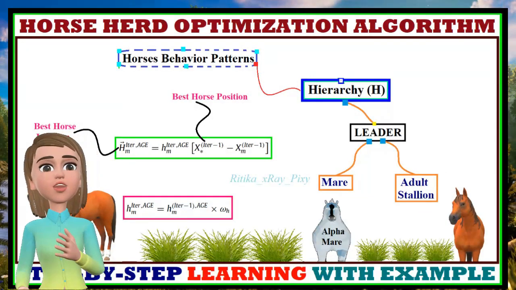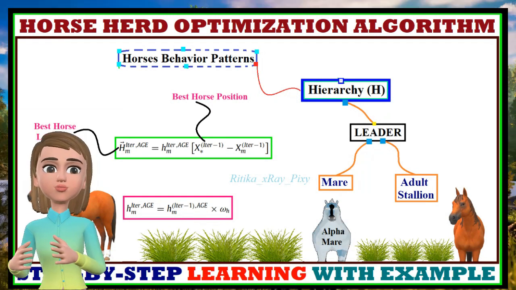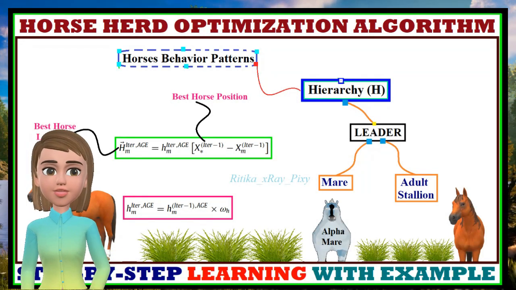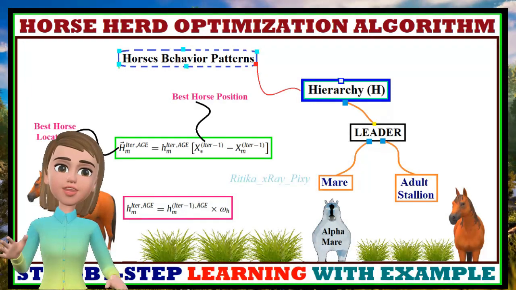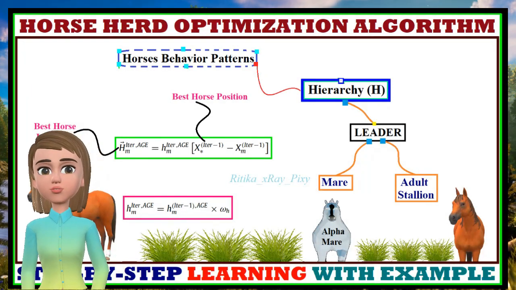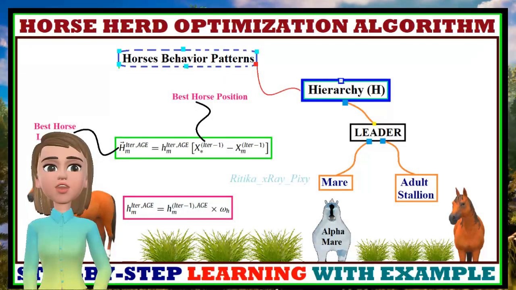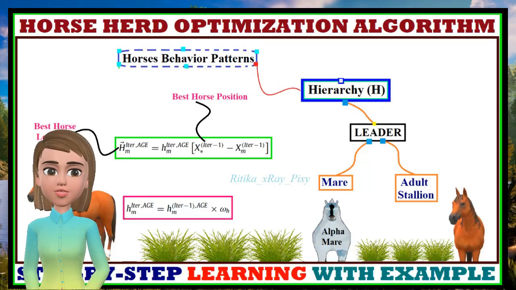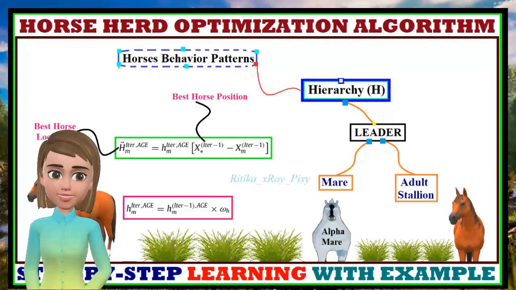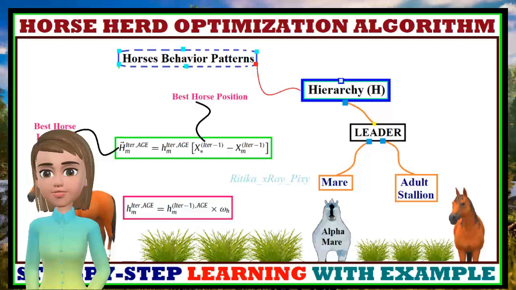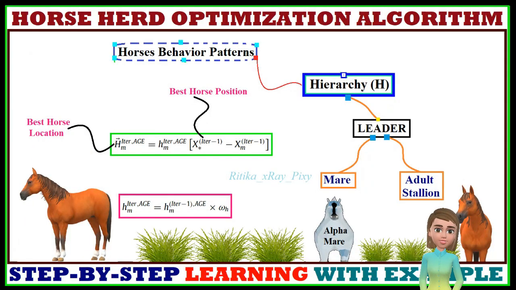Horses dominate each other in the herd for food, water, and other resources, as the dominant horse will eat and drink first. In the horse herd optimization algorithm, the herd will follow the experienced and stronger horse among all. And this is the mathematical model for this behavior.